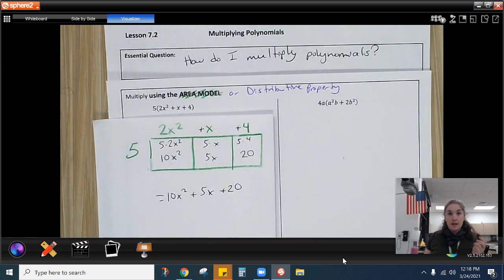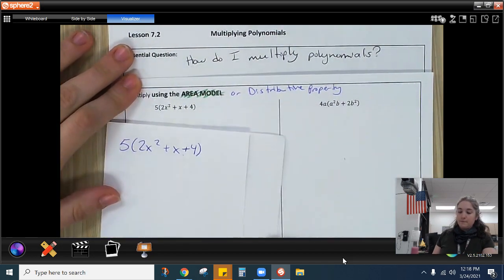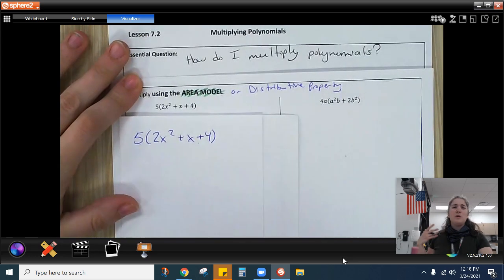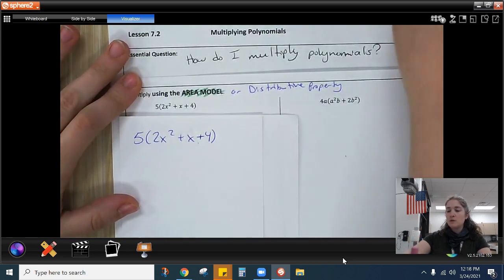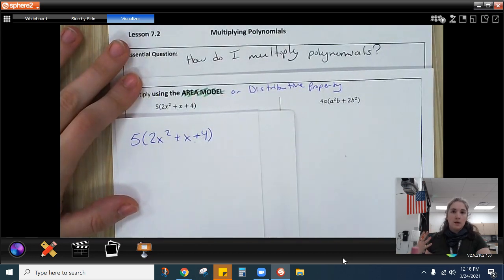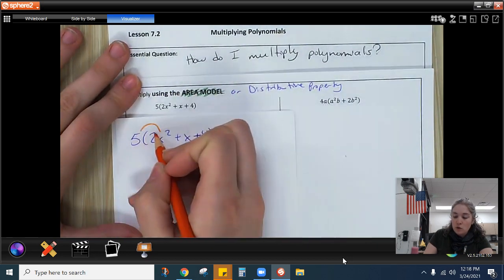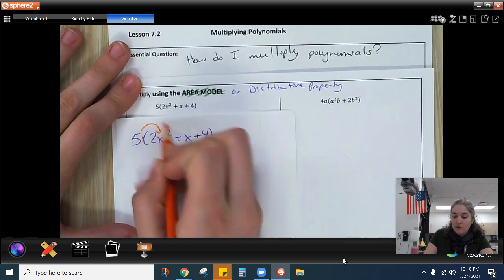Some of you might like that a lot. Great. If you don't, I'm going to show you my way, which is the distributive property. So the distributive property is one that you guys are probably pretty familiar with. We tend to use it a lot in math. I think it works with most of our brains. The visual of the area model is kind of nice, but I like the distributive property. So for this one, I am going to distribute my multiplying of the 5 to each of these.